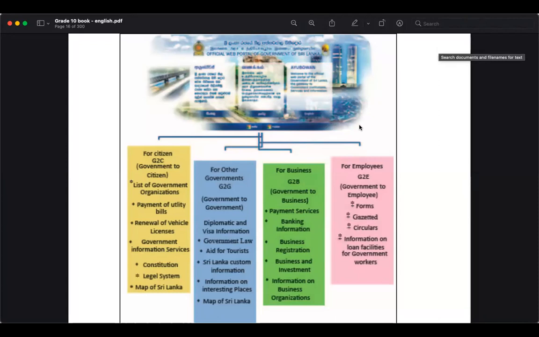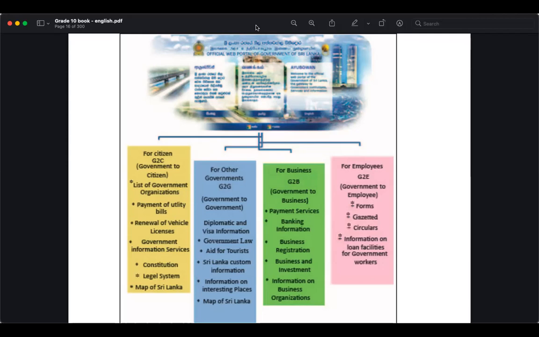Let's see. Government to business: loan facilities, giving business advice, but through online. You have to include online. Government to consumer: that's not the thing. Government to consumer means you can apply for a driving license online and get it.